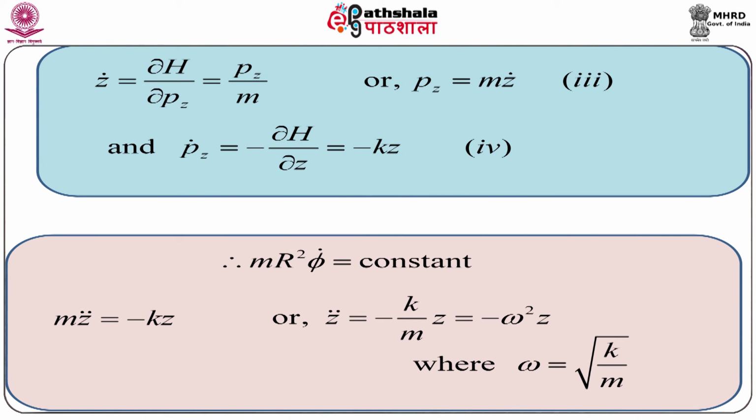Z dot equal to del capital H del pz equal to pz divided by m. This gives pz equal to m into z dot, and pz dot equal to minus del H del z equal to minus k into z.